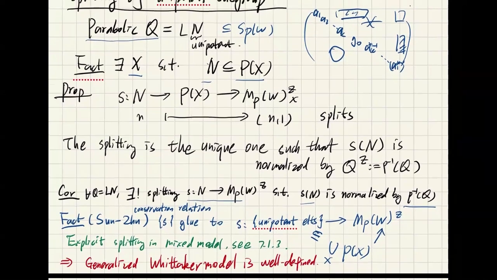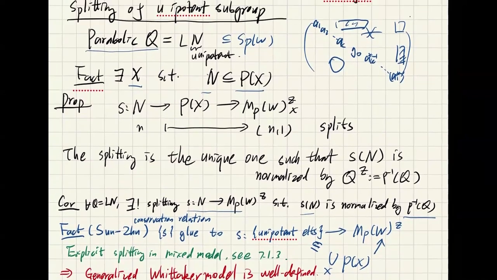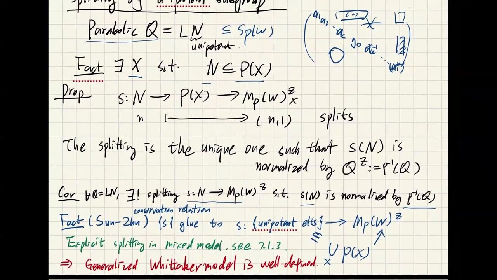There's one very interesting fact not discussed in GKT's book, which occurred in Sun and Zhu's paper on the conservation relation: this splitting actually glues into a well-defined map.